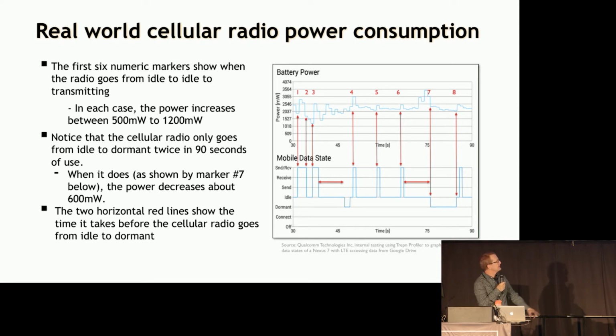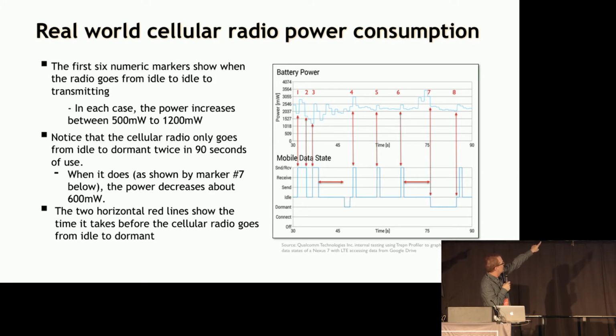Significant increase. What I did to force that is I was on Google Drive and I was accessing a couple different files over a period of 90 seconds. Notice the cellular radio only goes from idle to dormant twice in 90 seconds. So we're kind of illustrating what we talked about before.